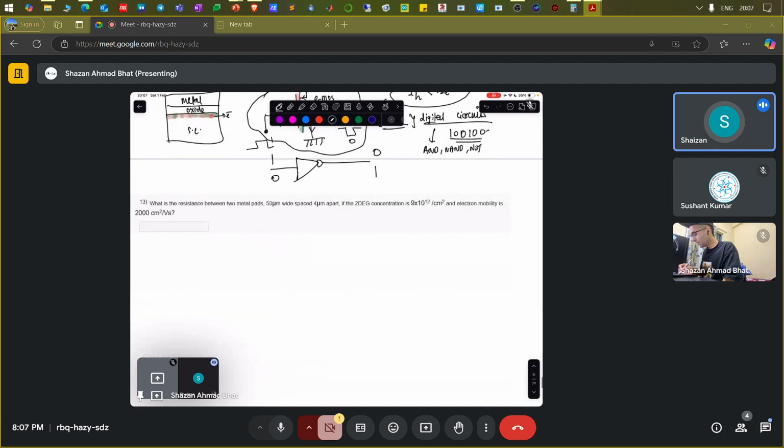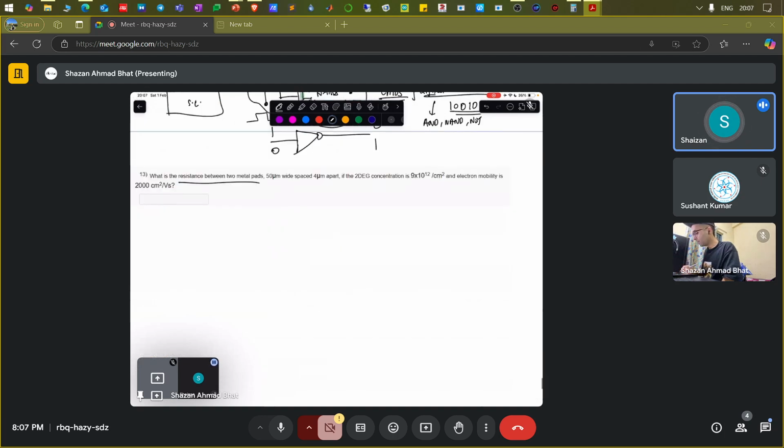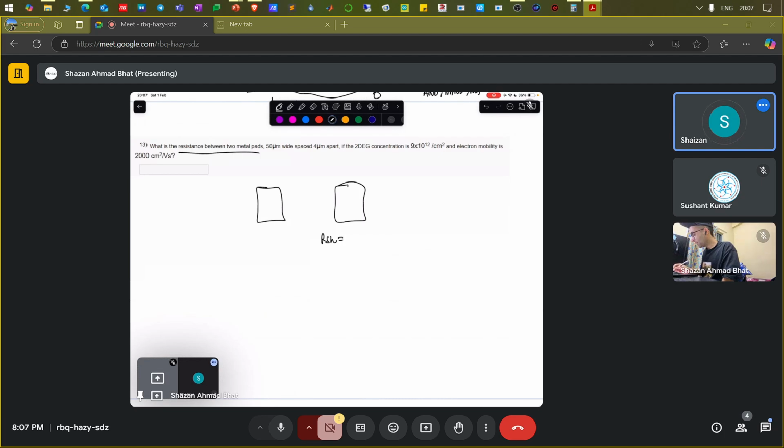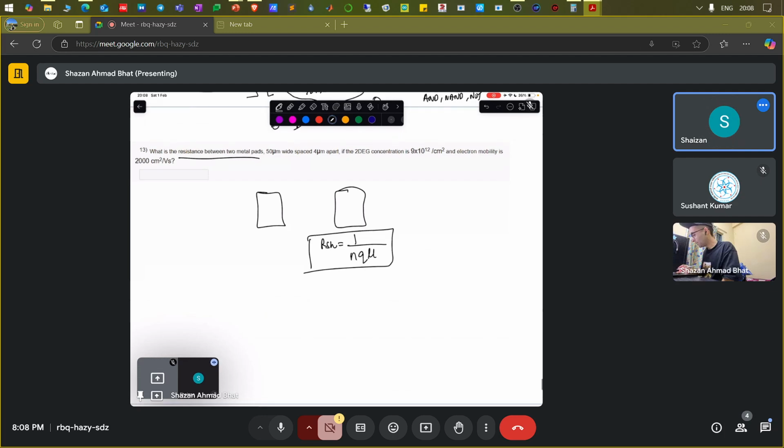This is another question: if you have metallic pads and you have to compute the sheet resistance. Sheet resistance can be computed basically by 1 over n q mobility. That's it. You don't need anything else because you know the conductivity is n q mu.